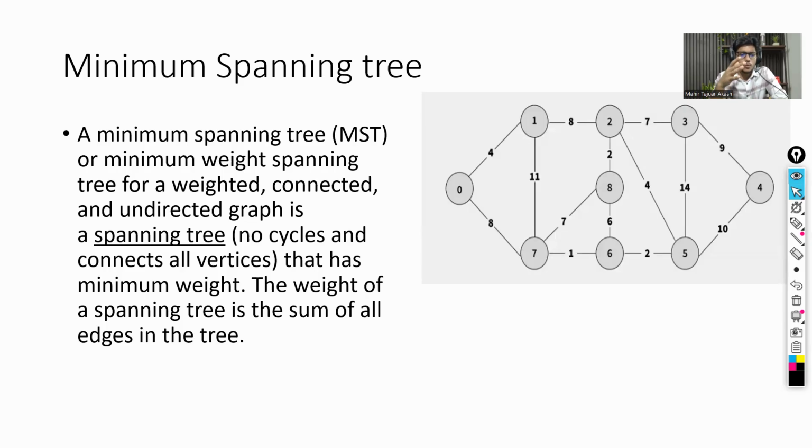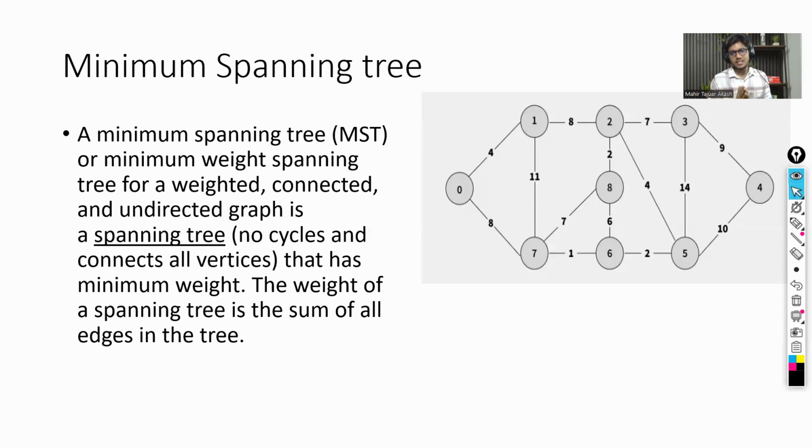There are different kinds of graphs, like weighted and unweighted graphs, and we basically just have to create a subgraph which doesn't have any cycle, and that is what we call a minimum spanning tree. To find a minimum spanning tree, we have greedy methods, for example Kruskal's or Prim's.